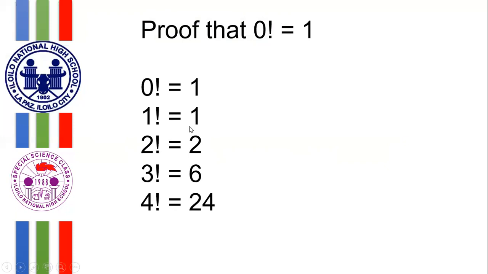So you see that 0 factorial, using the same reasoning I applied starting from 4 factorial all the way until 0 factorial, we are able to show that 0 factorial and 1 factorial are indeed both equal to 1.